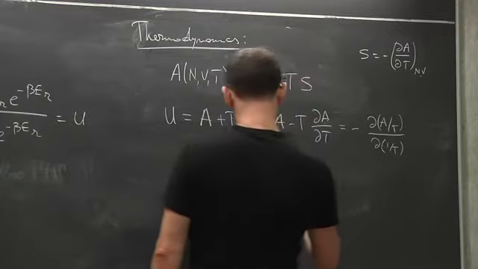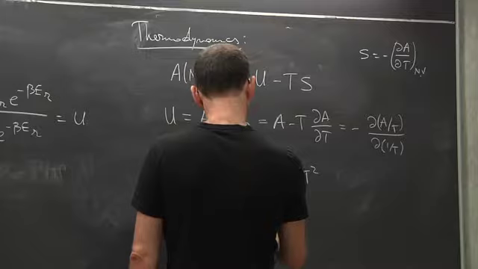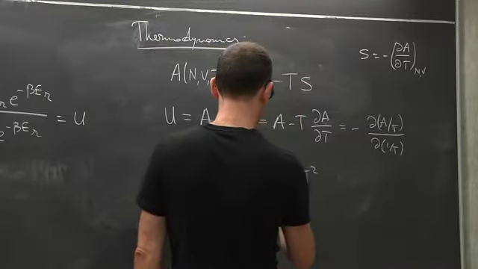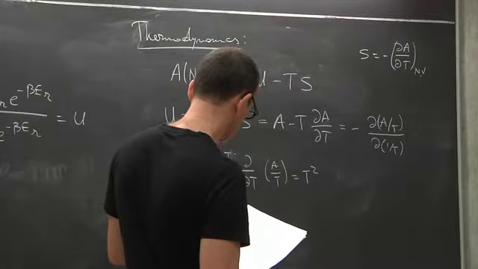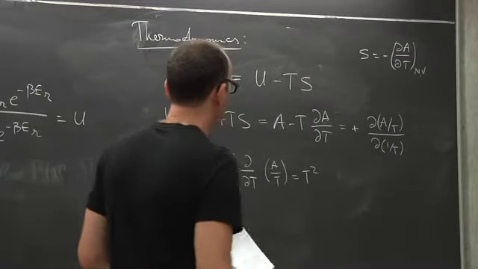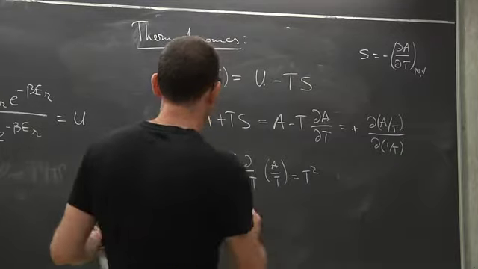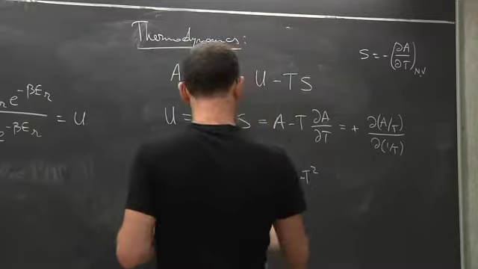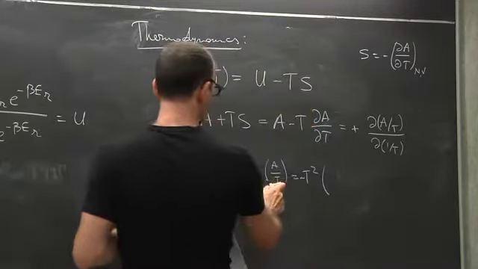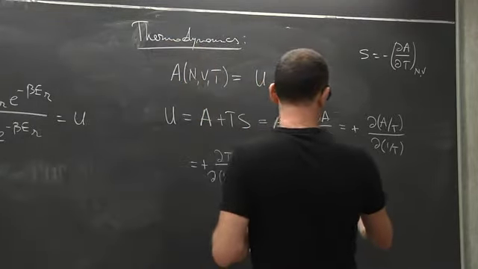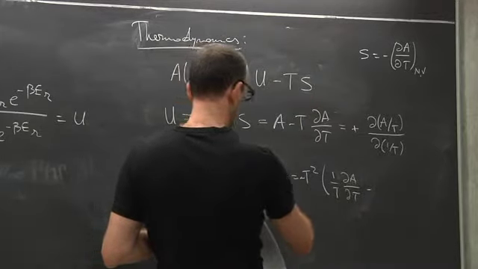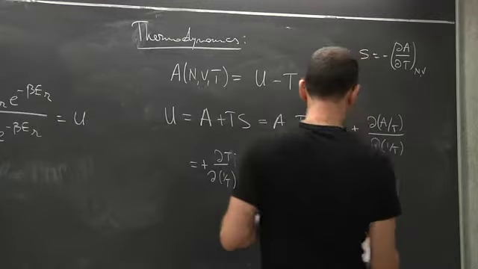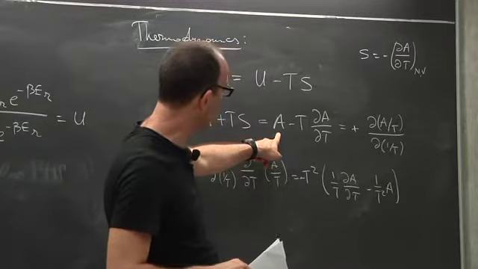And then, so yes, there is a plus here, and so there is a minus T squared times the derivative of A over T with respect to T, which is 1 over T times the derivative of A with respect to T, and then the derivative of 1 over T with respect to T is just minus 1 over T squared times A. So you see that this gives you exactly this, okay?